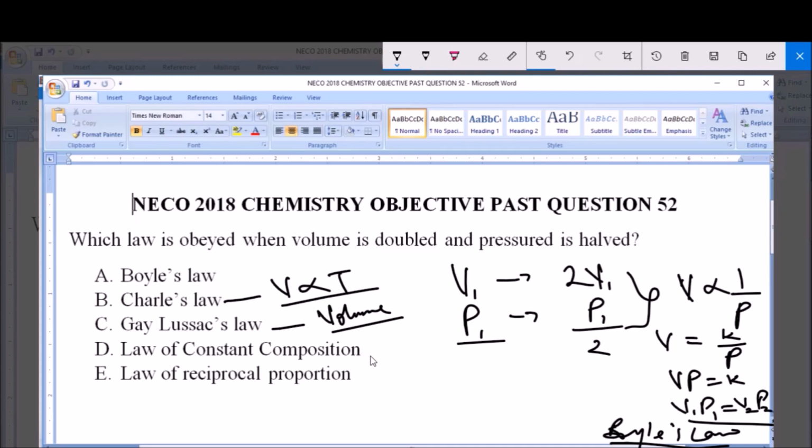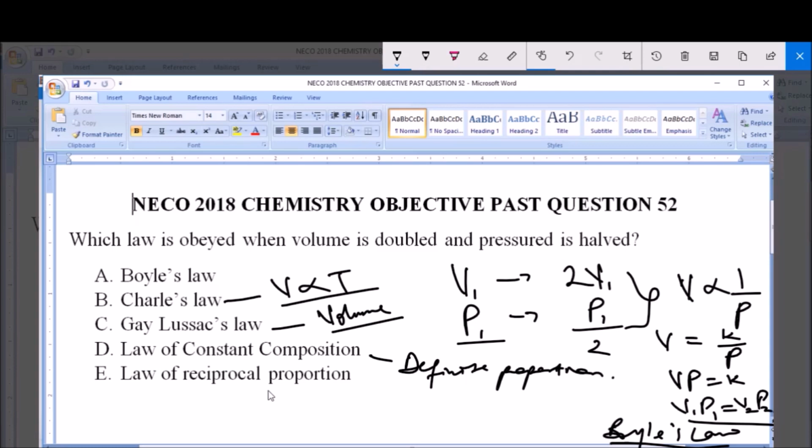Then the law of constant composition, also known as the law of definite proportion, states that all pure samples of a particular chemical compound contain the same elements in the same proportion by mass. So that is a law of constant composition.